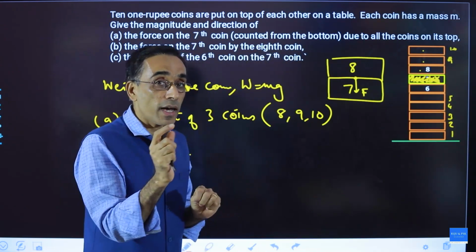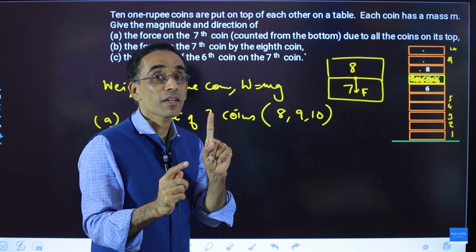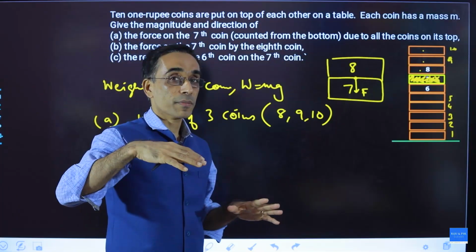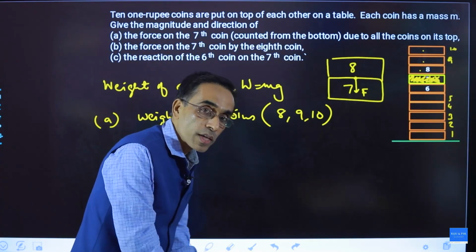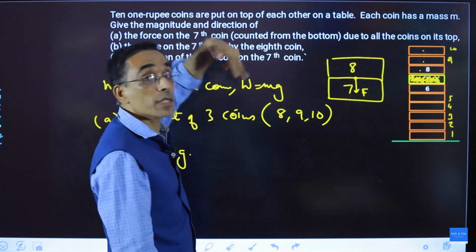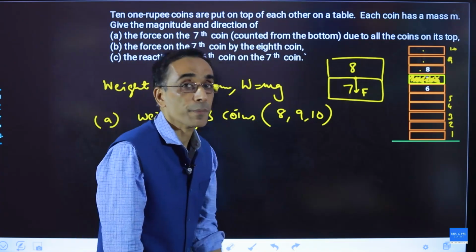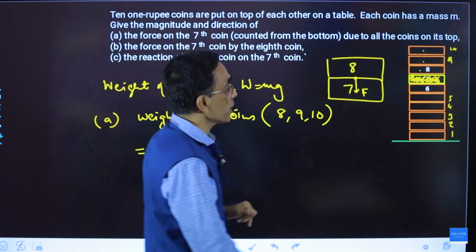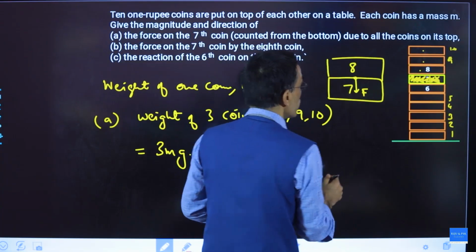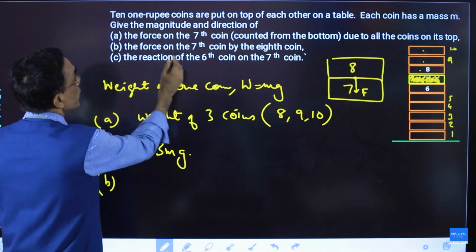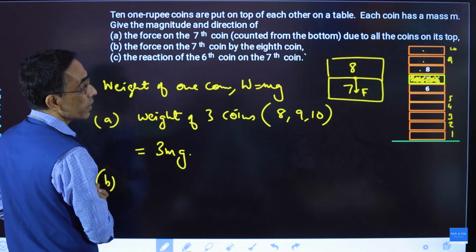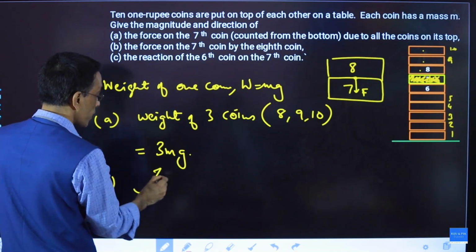Is it only the weight of one coin or the weight of all the other coins? See, the 8th coin is pressing the 7th coin, but the 8th coin is being pressed by the 2 other coins. So, that force will also come. So, the total force here must be equal to the weight of the 3 coins above. So, answer B, the force on the 7th coin by the 8th coin is again 3 mg.